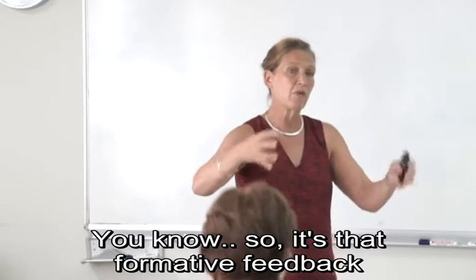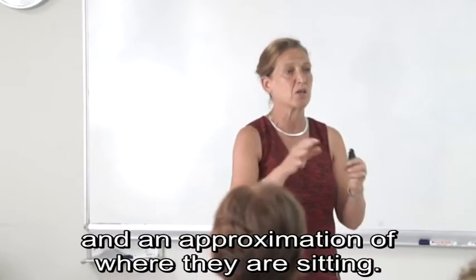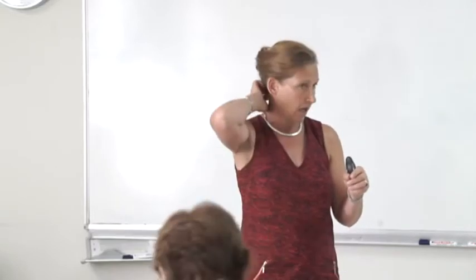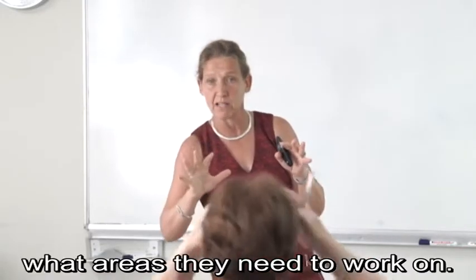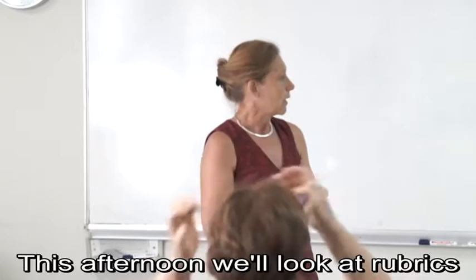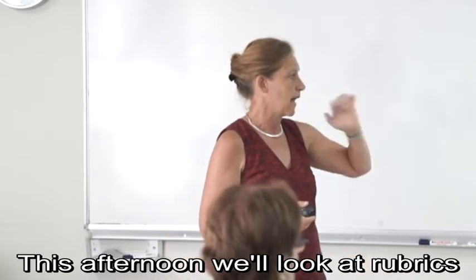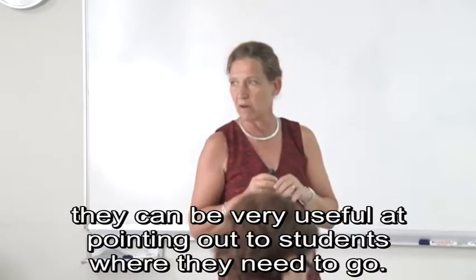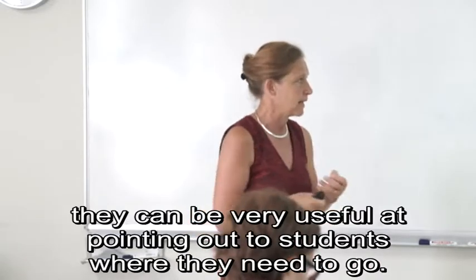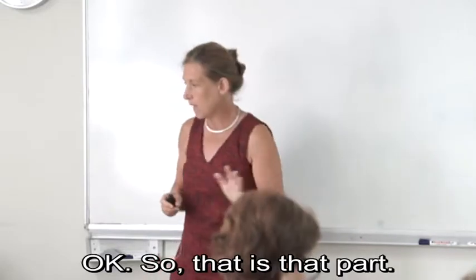So it's that formative feedback and an approximation of where they're sitting, so that they understand what areas they need to work on. This afternoon we'll look at rubrics and marking criteria in a bit more detail, so they can be very useful at pointing out to students where they need to go. Okay, so that is that part.